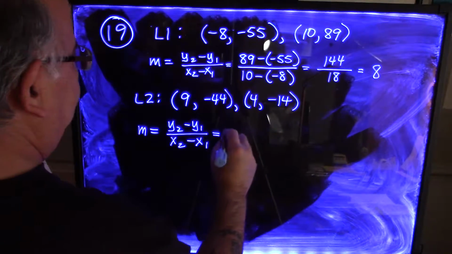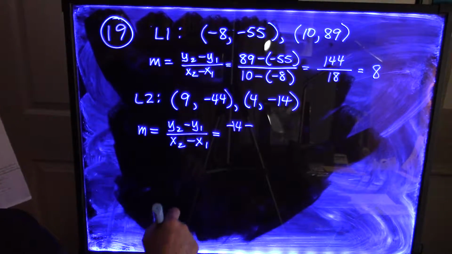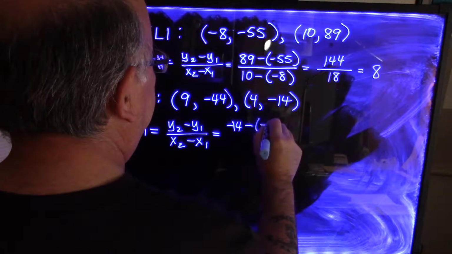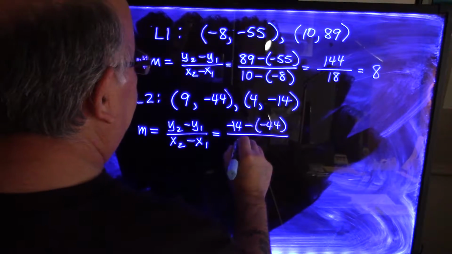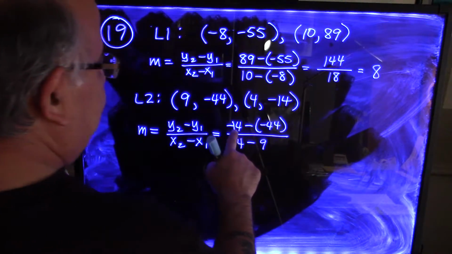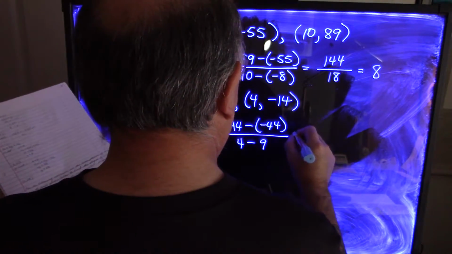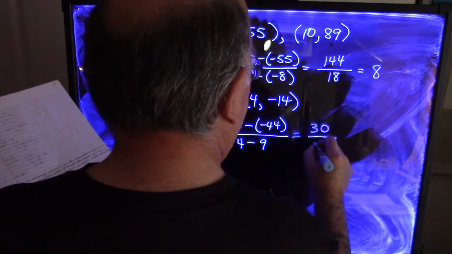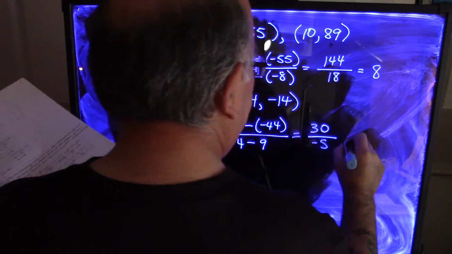And that equals -14 minus -44 over 4 minus 9. Alright. And so this equals -14 plus 44, or 44 minus 14, which is 30. And 4 minus 9 is -5. So that's equal to -6.